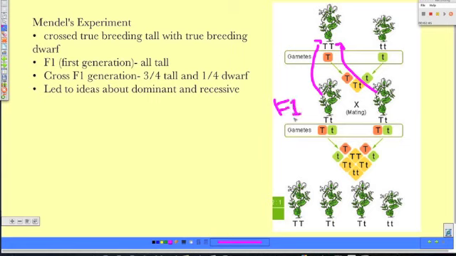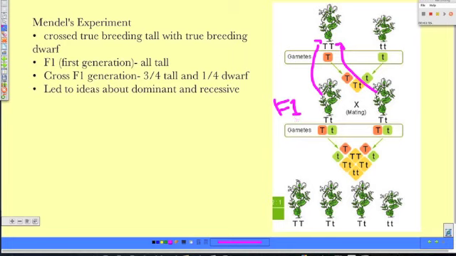Then he crosses these with each other, and although he couldn't see this at the time, they are dominant recessive. When you cross these with each other, the next generation comes out a little bit different.